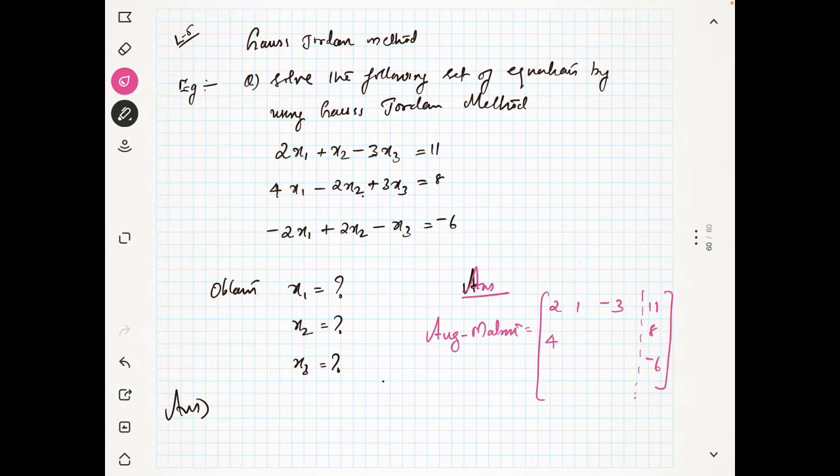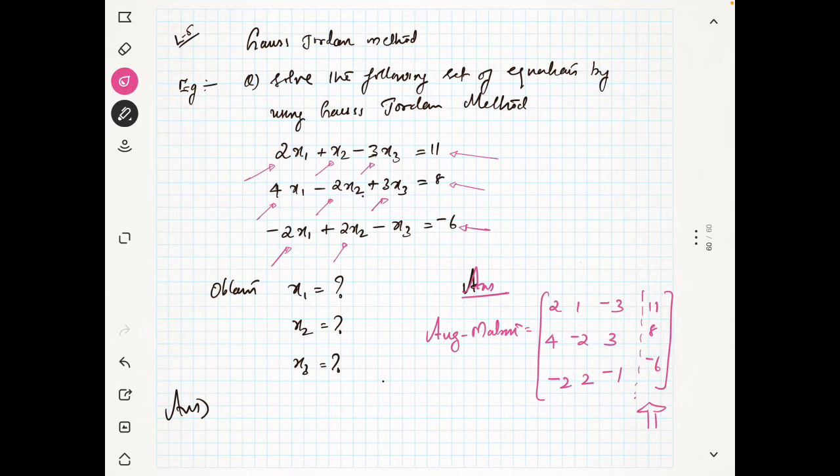This is 4, minus 2 and 3. You can see the coefficients here for x1, x2 and x3. The second equation you can see the coefficients 4, minus 2 and 3. Next is minus 2, 2 and minus 1. And on the right hand side you can see it is 11, 8, minus 6. That's what I have written here. Now this is the augmented matrix.